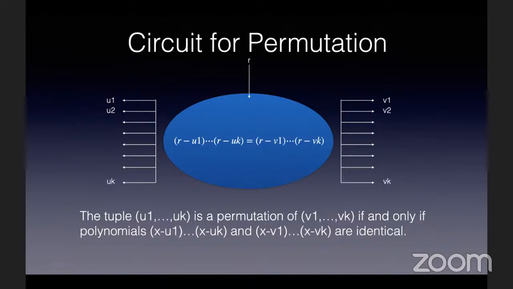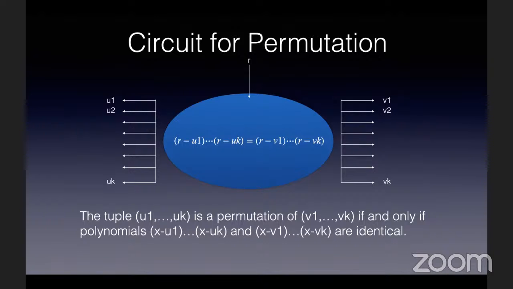The way we do this is we allow the circuit to have a special wire R which can be set with a random value. Then the circuit checks that (R minus U1) times (R minus U2) through (R minus UK) equals the analogous product for V. Notice all this is just multiplication and subtraction, which is essentially addition.